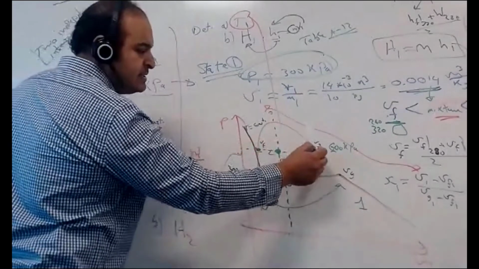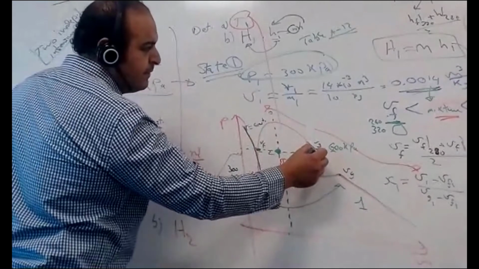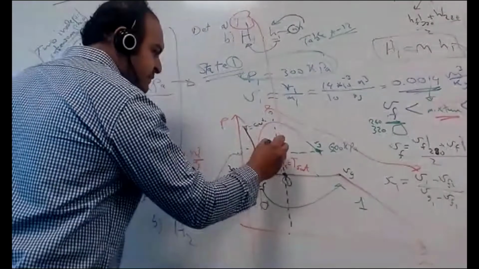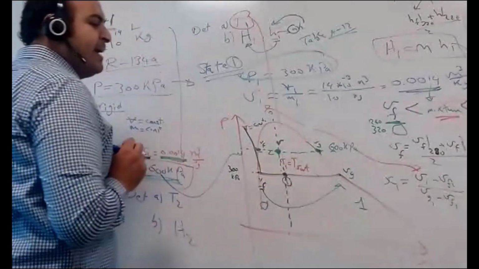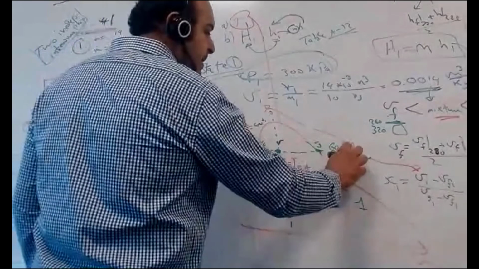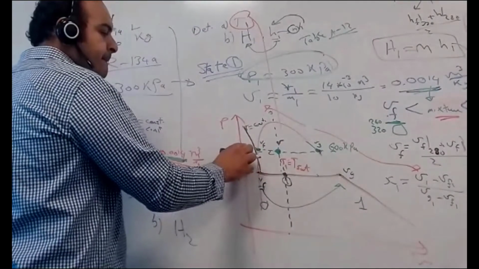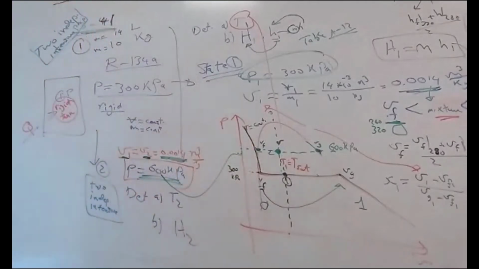If it's bigger than this, you are superheated. So it depends on this value: if between this and this, mixture; if greater, superheated; lower, compressed liquid. Make sense?